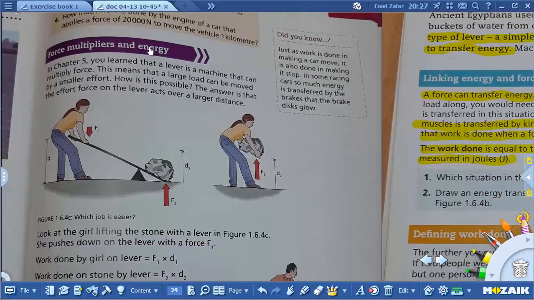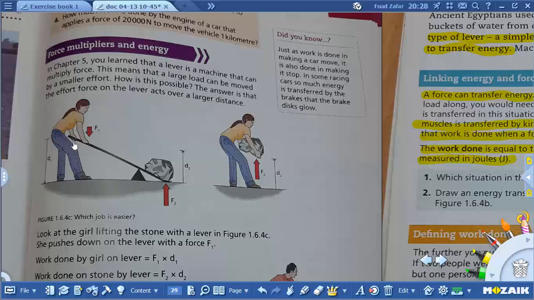Force multipliers and energy. In chapter 5 you learned that a lever is a machine that can multiply force. So this is a lever, it multiplies force. This means that a large load can be moved by a smaller effort. How is it possible? The answer is that the effort force on a lever acts over a large distance.